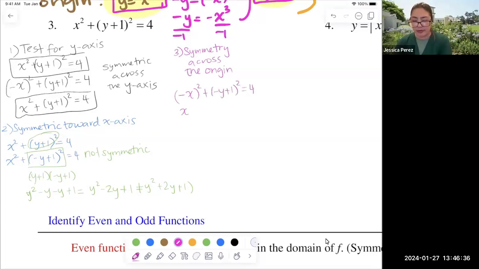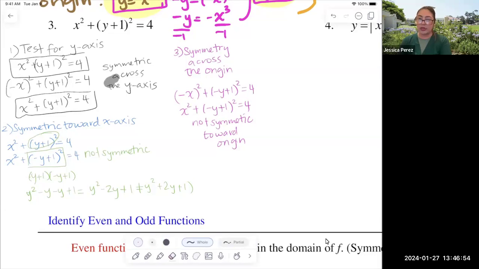This one is okay, but then again, this one would fail. So it's not symmetric towards the origin. So the only answer is exactly what we found, that it's only symmetric towards the y-axis.